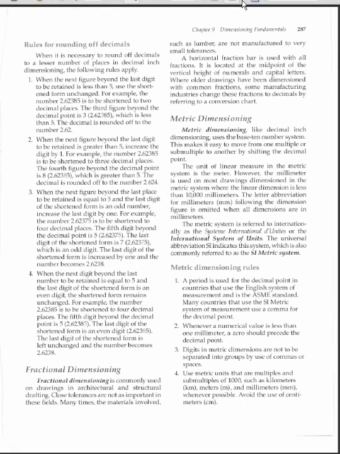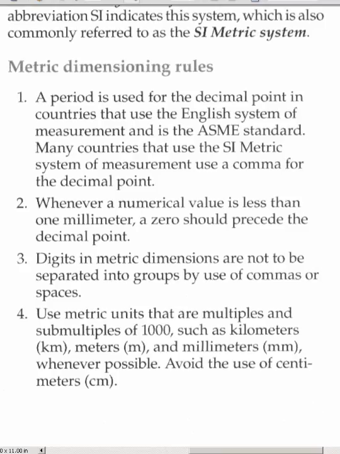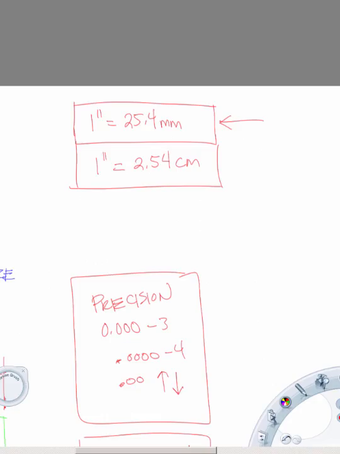Now, the basic rules. One kind of weird thing to us is that, number one, in America, with the SI system, we separate our decimal points with a period. However, in some countries, they use a comma. And let me assure you, it's very weird in terms of design.